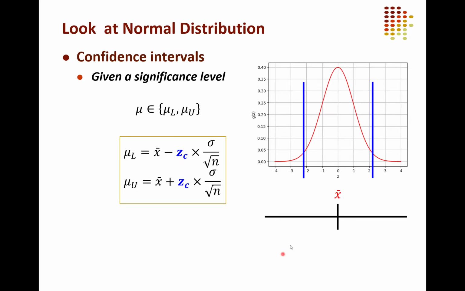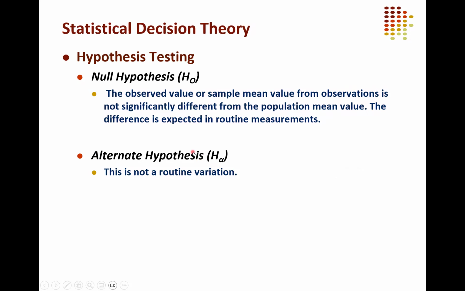So let's see, then we have the hypothesis definition. We define the null hypothesis. It's a statement which says the observed value or sample mean value is not significantly different from the population mean value.